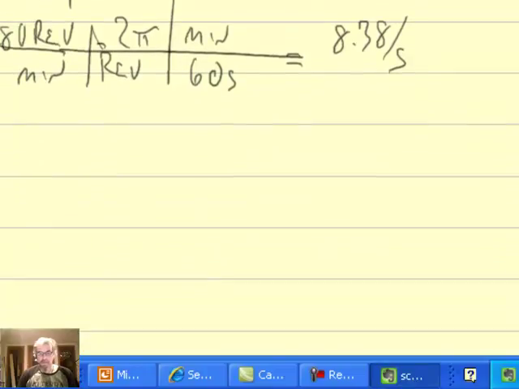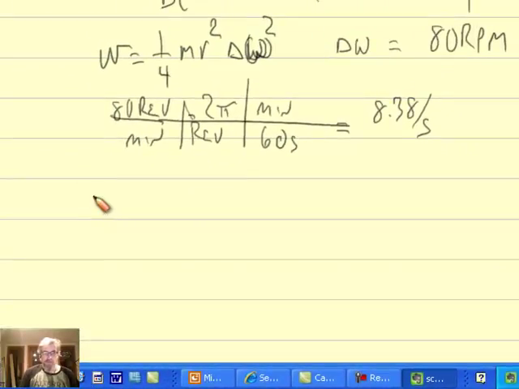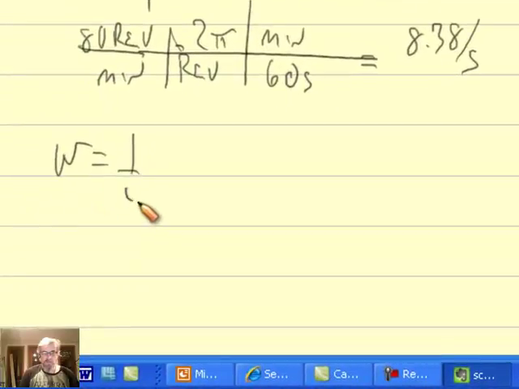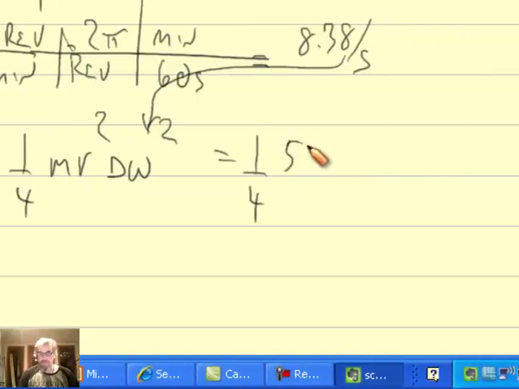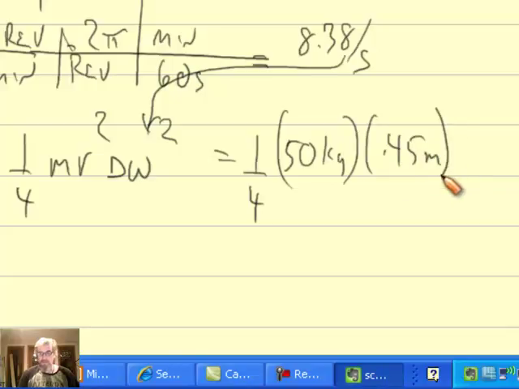Well, we were finding that so we could plug that into the work equation. We now know that work is equal to 1/4 mr squared times delta omega squared. Now we know delta omega, so we can quantify this and finally finish this problem up. So it's 1/4 times the mass of the wheel, 50 kilograms, times the radius. Well, the radius was 0.45 meters, 45 centimeters.